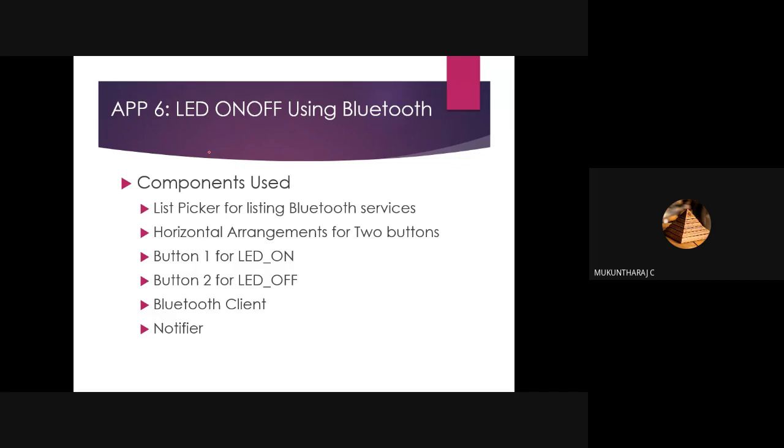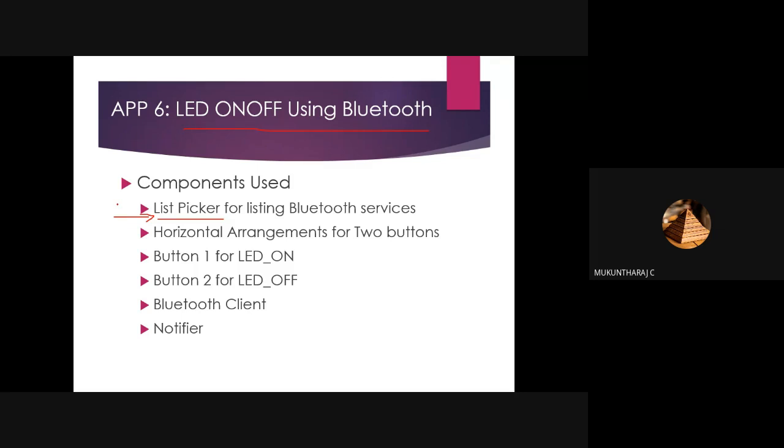For that, the primary requirement is we need to know how we can build the app with the help of Bluetooth. So, LED on off using Bluetooth. What are the components we are going to use here? The first component will be the list picker. List picker is an element which can help you list the available services.